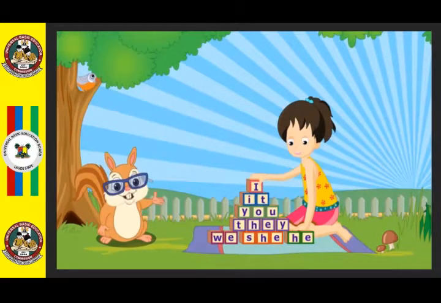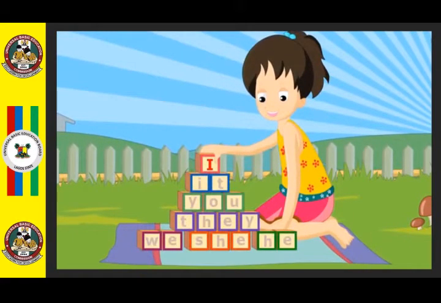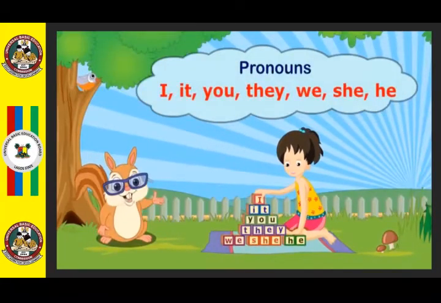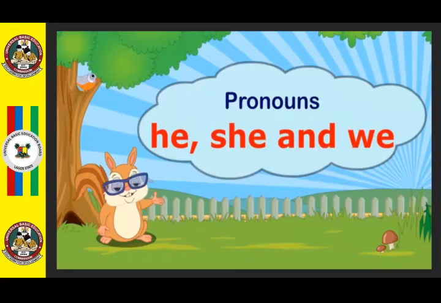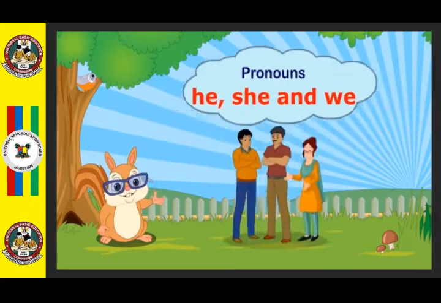Pronouns. Let us see what Nikki is up to. Nikki is making a word wall with short words. She has made the word wall with the words I, it, you, they, we, she, he. These words are called pronouns. Pronouns take the place of a noun. He, she, and we are used for people.